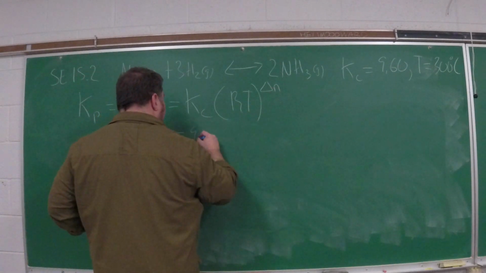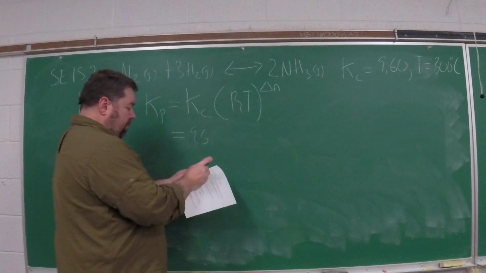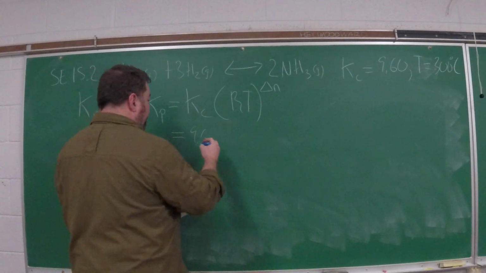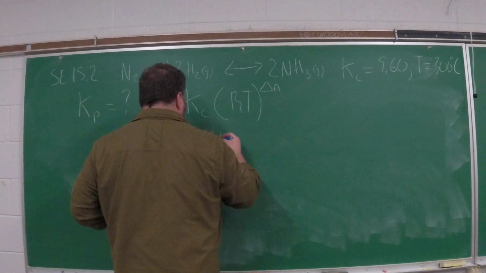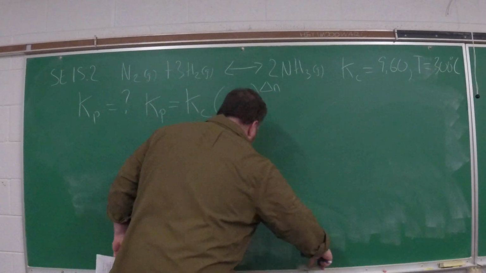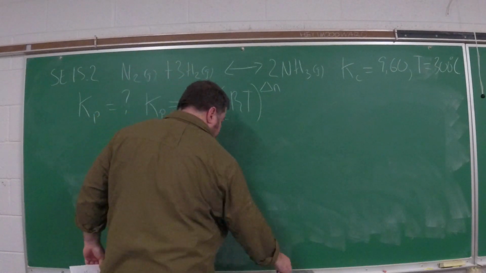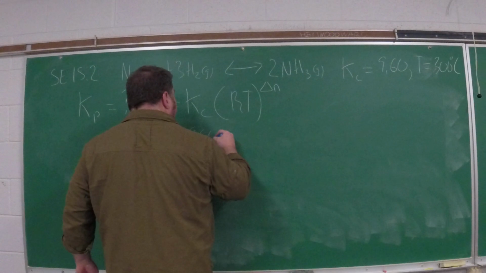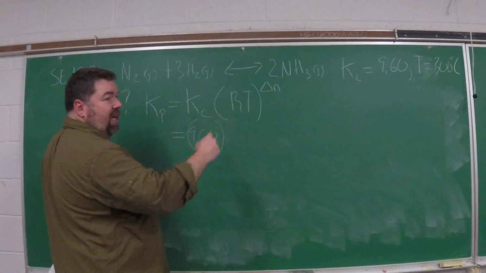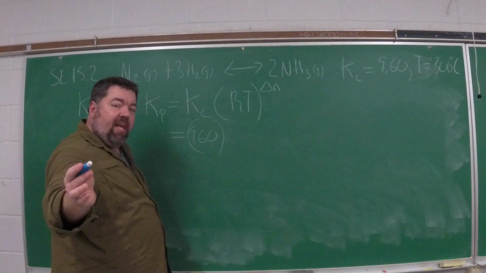So we have 9.60, you can write it. Again, no units on KC, right? There's also no units on KP.